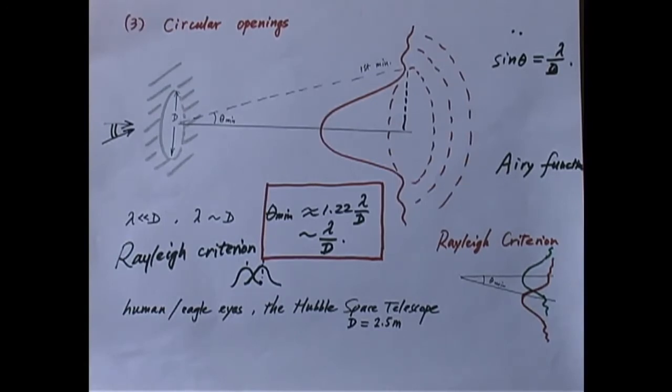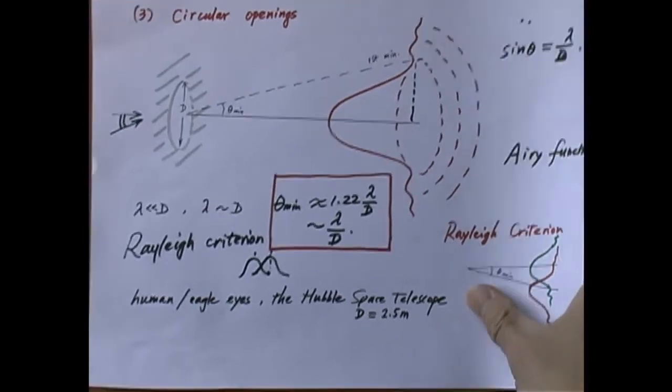Okay, so let's look at the human eye versus the eagle eye. Roughly speaking, the diameter of the human eye and the eagle eye are about of the order of 1 centimeter, I would say. From that you can find out the minimum angular resolution, the minimum angle separating two objects that can be barely resolvable from an eye of diameter 1 centimeter. Let's do some numerical calculation, shall we?